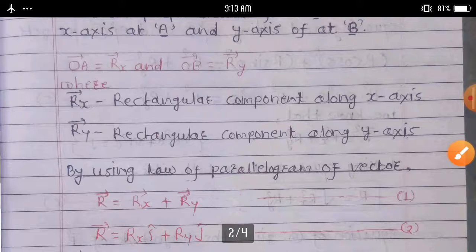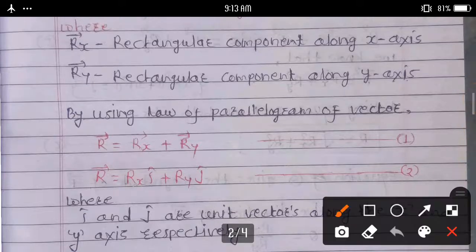By using the law of parallelogram of vectors, R bar is equal to Rx bar plus Ry bar. Consider this equation number 1. This equation we can write another way: R bar is equal to Rx i cap plus Ry j cap. Consider this equation number 2.